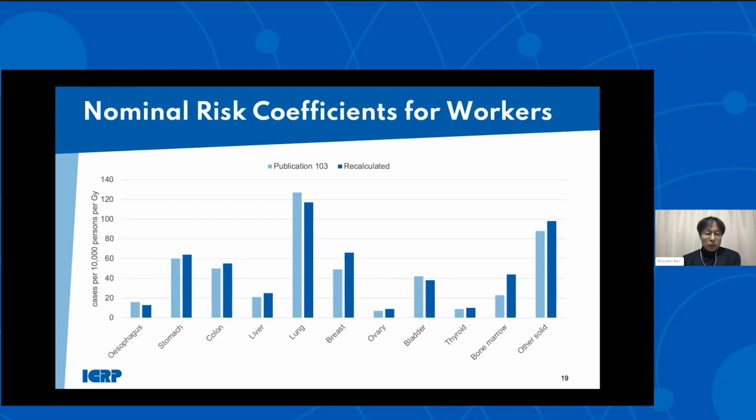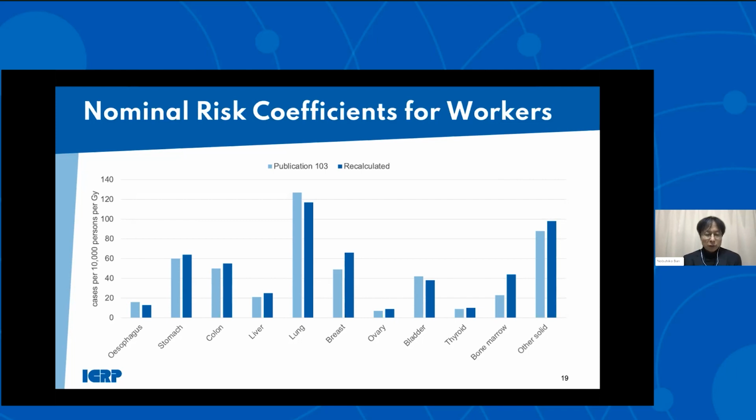Another important finding was a miscalculation of the nominal risks for the working age population. This graph compares the nominal risk for the working age population in Publication 103 and the recalculated, corrected nominal risk for this population.